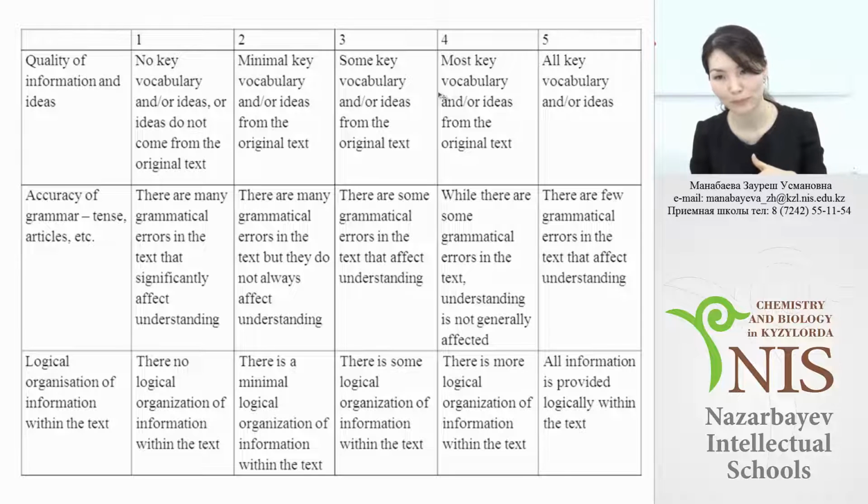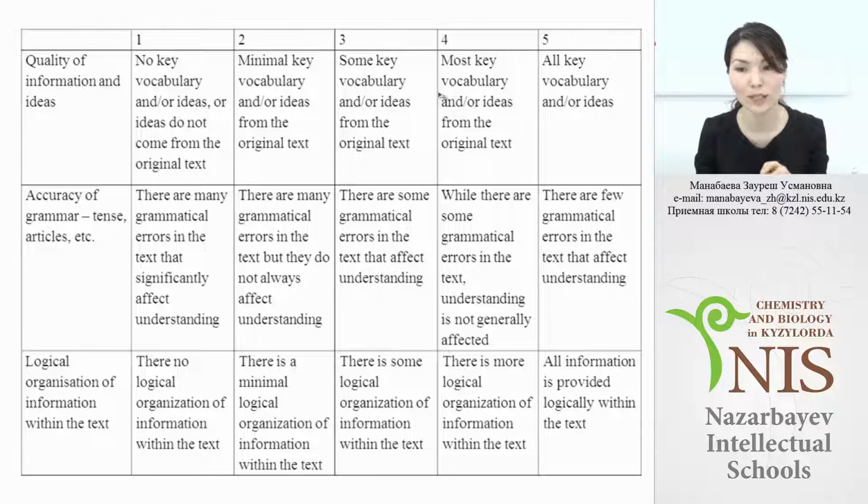There are some grammatical errors in the text that affect understanding. And point number 4: while there are some grammatical errors in the text, understanding is not generally affected. And the last continuum is: there are few grammatical errors in the text that affect understanding.